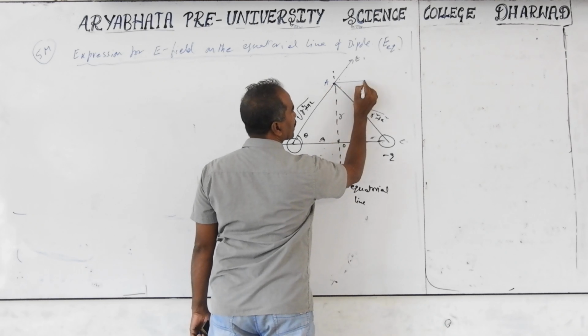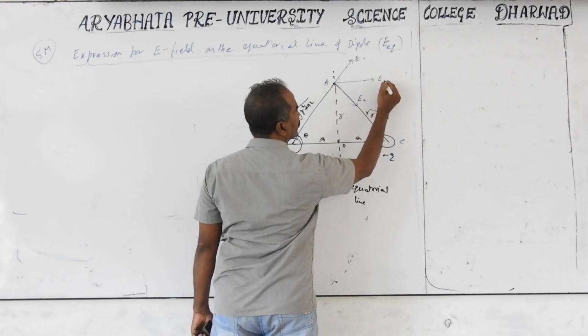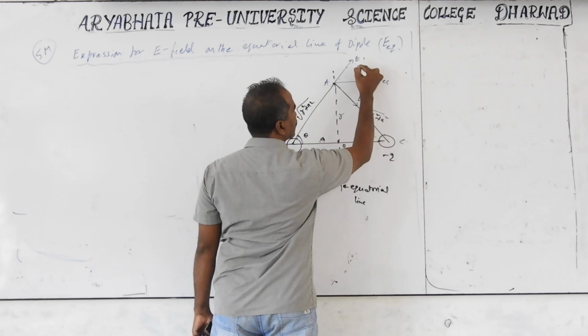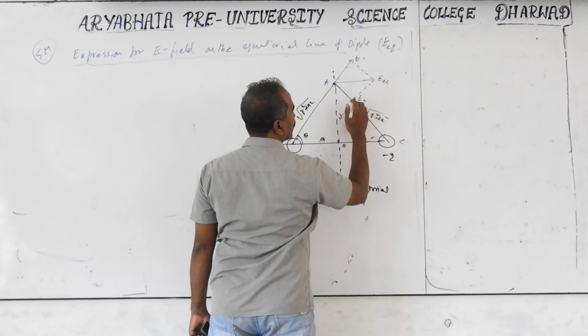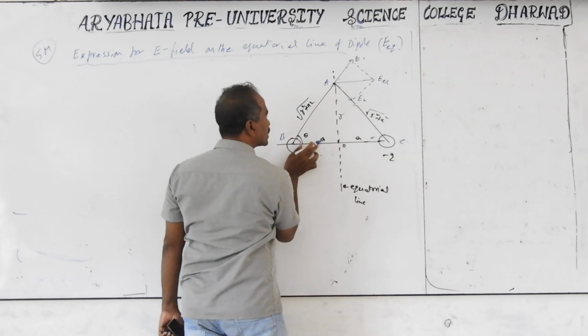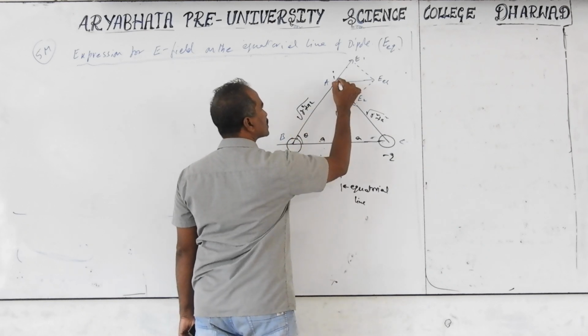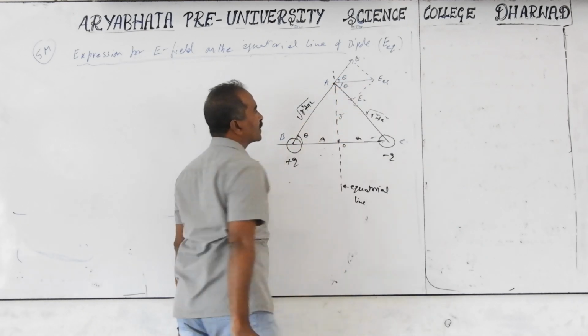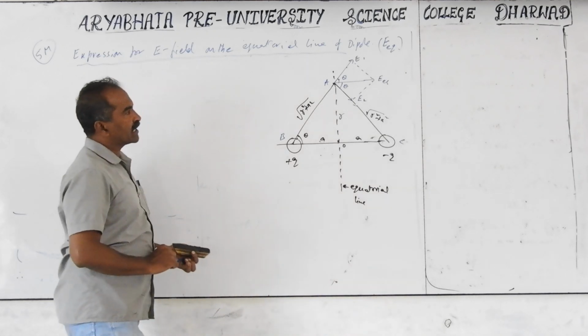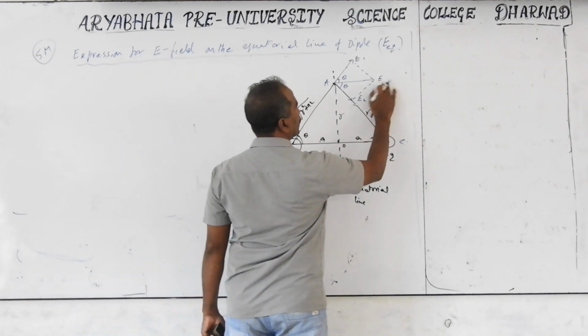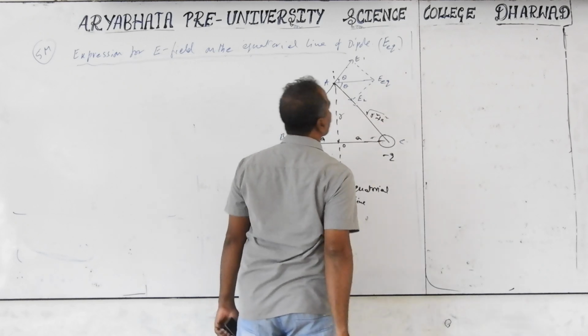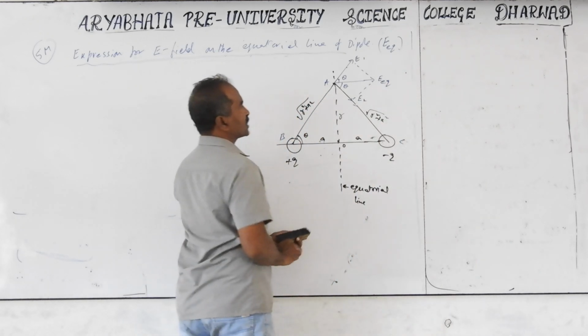The resultant will be here in between, E resultant. You can construct the parallelogram also to find the overall resultant. So this is horizontal, this is the same line, this is theta, and this is also theta. At point A, I want the resultant electric field, that is E equatorial or E_EQ. This value, the magnitude, I want. Direction is in terms of theta.